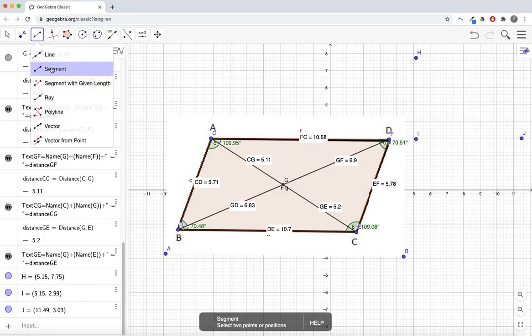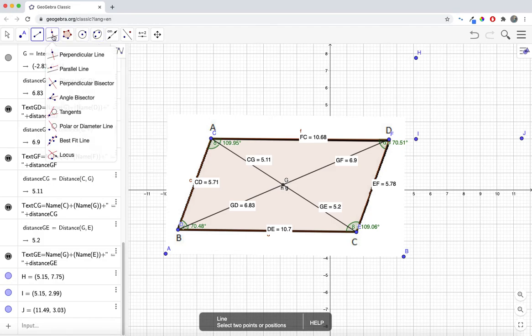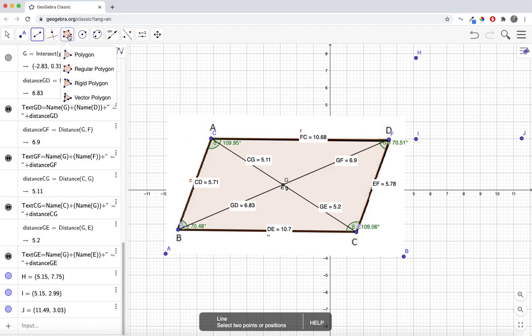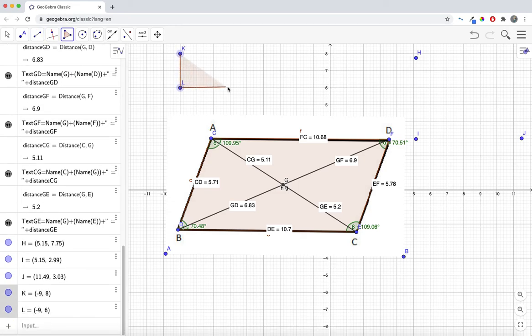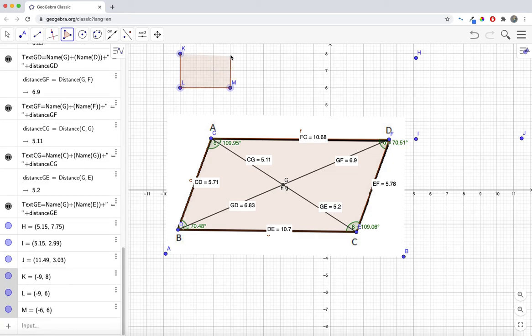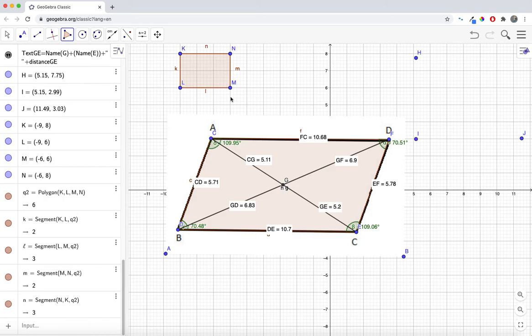Let's see. We can try to draw a rectangle. It's probably easier if you do it from a picture, though. So let's try this. Here, here. Okay. There's a rectangle, or at least hopefully that's a rectangle. Let's measure an angle.